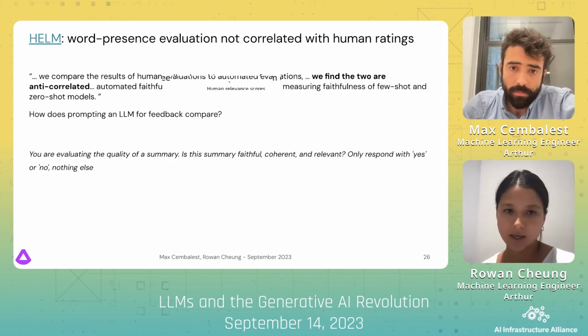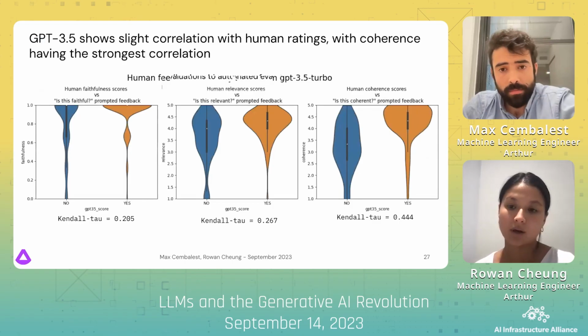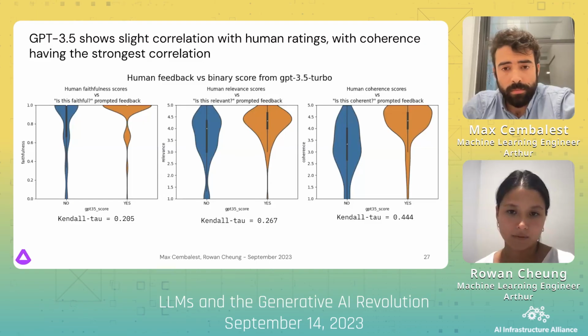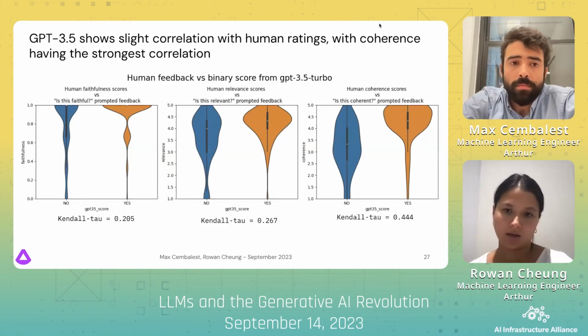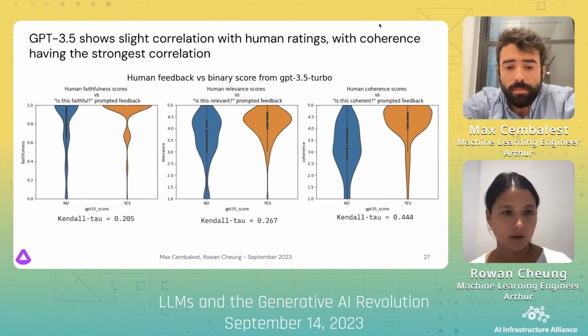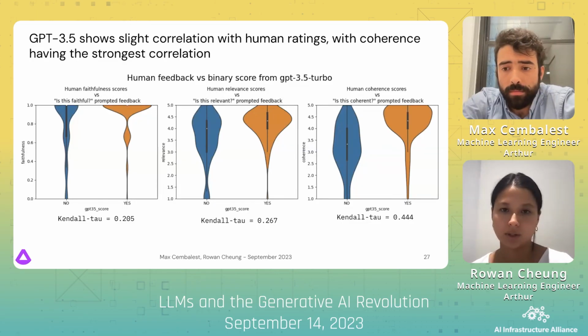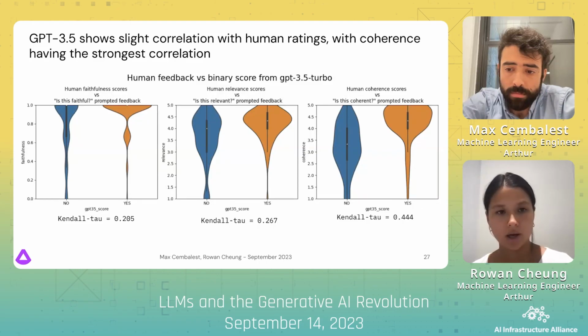So on the next slide, we have the results on a subset of the XSum annotations from Stanford. And we see GPT 3.5, which we used as the evaluator, showing some slight correlation with the human ratings, not a negative correlation, with the coherence scores having the strongest correlation.